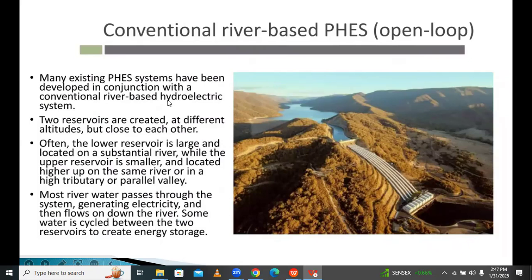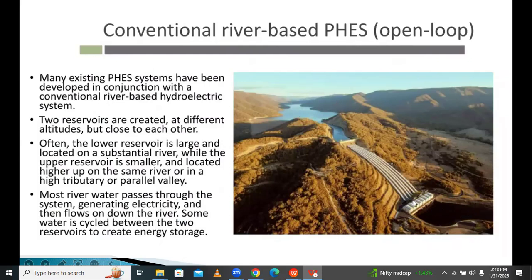Two reservoirs are created at different altitudes, a lower reservoir and an upper reservoir, but close to each other. The distance between them is small, approximately 1 kilometer or 500 meters at most.